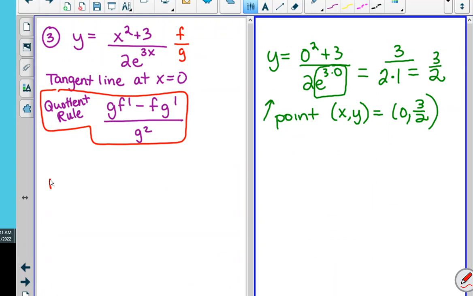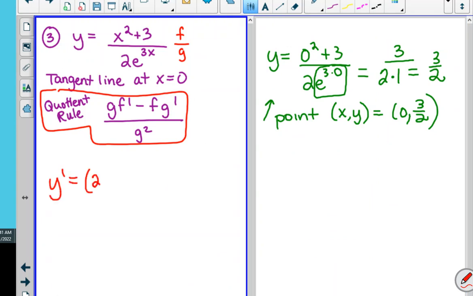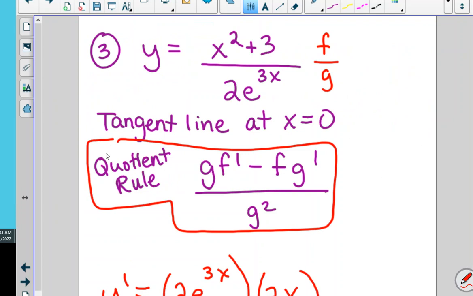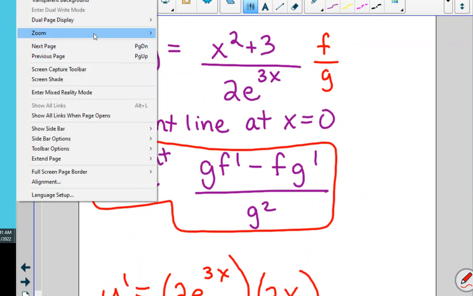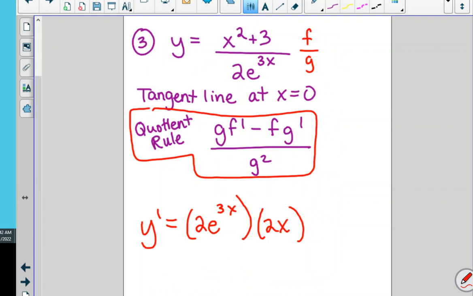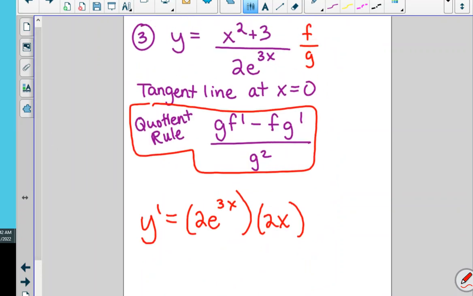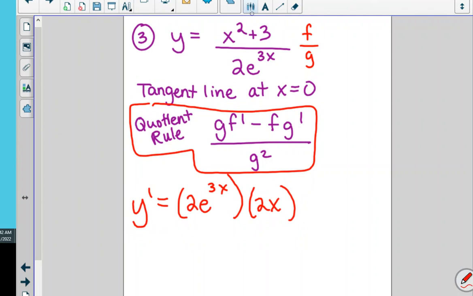When I write my derivative, it's going to be the denominator times the derivative of the numerator. All right, so my denominator function times the derivative of my numerator function, minus my numerator function times the derivative of my denominator.